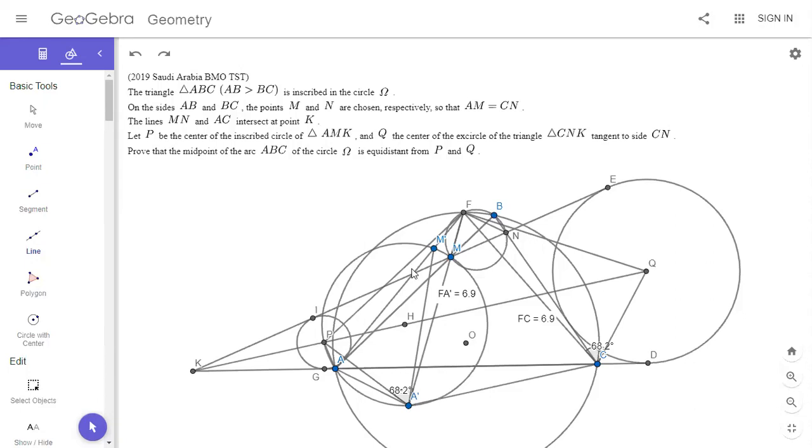And we know that F is the circumcenter of M prime MN. So basically angle M prime NM is half of angle MFM prime.